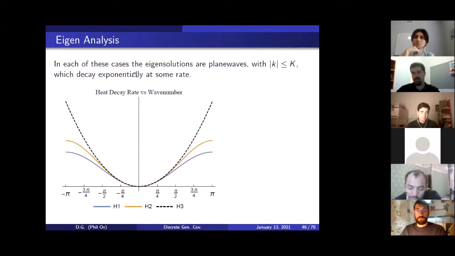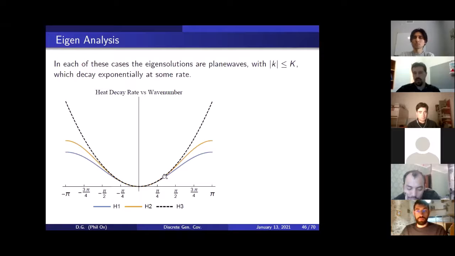If you're familiar with the heat equation at all, you know that sines and cosines decay exponentially in time at a rate proportional to the square of their wave number. Right? And so in this case, you find for H1, you have a modified heat decay rate. In H2, you have a different one.